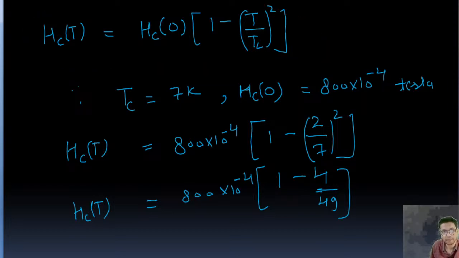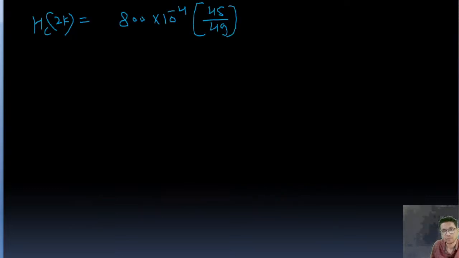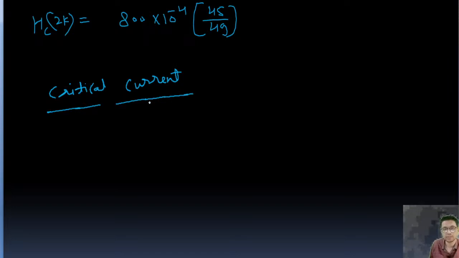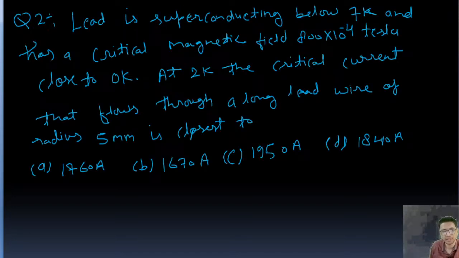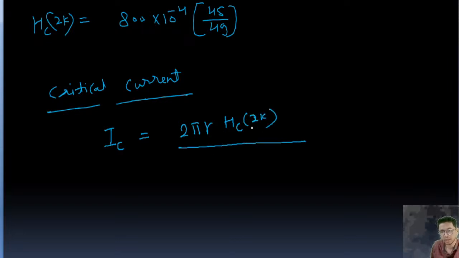The critical current flowing through that lead wire of radius 5 millimeter: IC is equal to 2 pi r, where r is the radius of the wire, into HC, the critical magnetic field at 2 Kelvin, upon mu 0, the magnetic permeability.